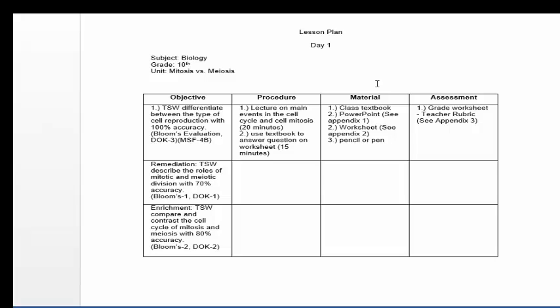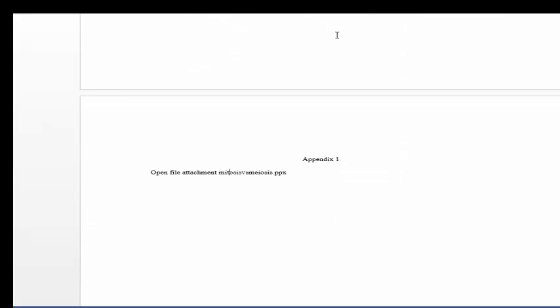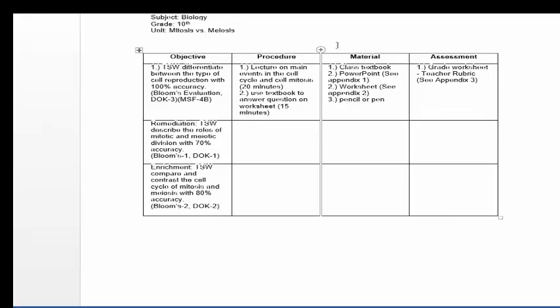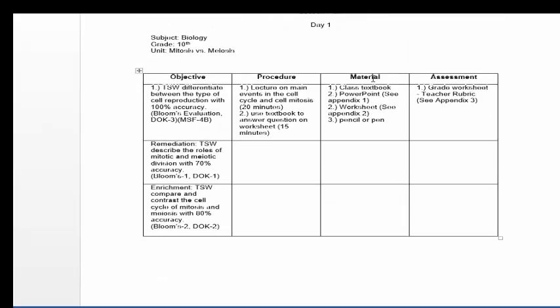We also see no procedures, no materials, and no assessments. As we look at the only appendix, which is Appendix 1, which is referenced in the material section, we see a PowerPoint when the directions clearly stated that a Prezi was going to be needed. So, this would be an unsuccessful attempt at a lesson plan. And that's all I have to say about that.